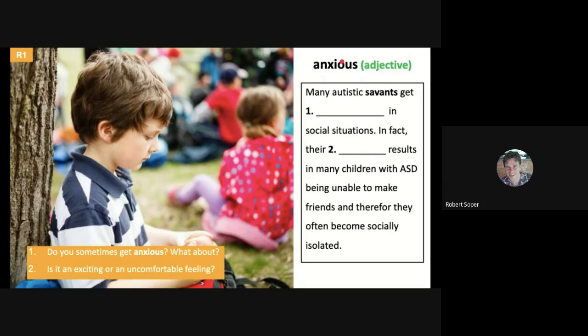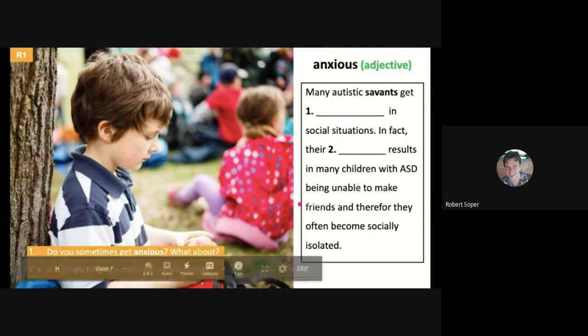When you do that, try and think of the different parts of speech of anxious. So what is the noun form of anxious? Once you've done that, pause the video and see if you can fill in the correct answers.